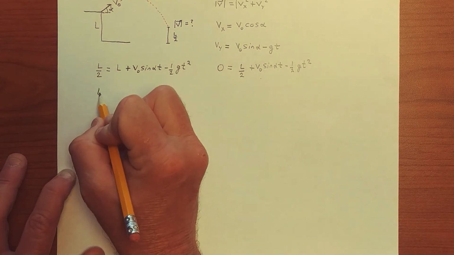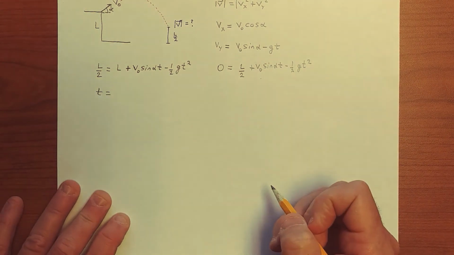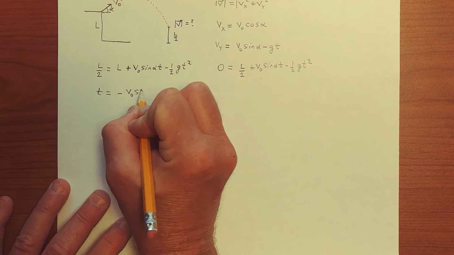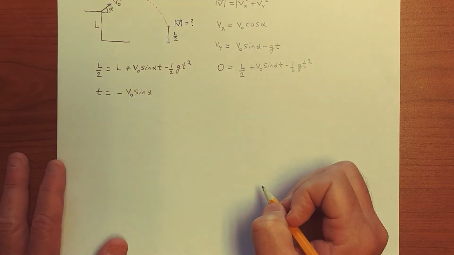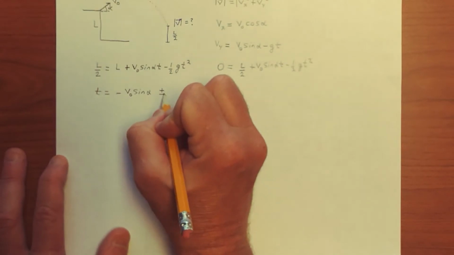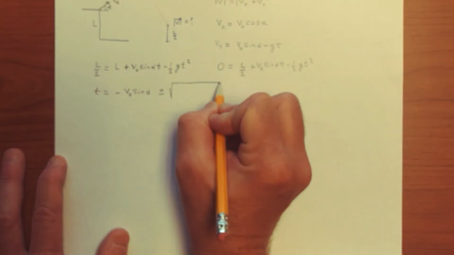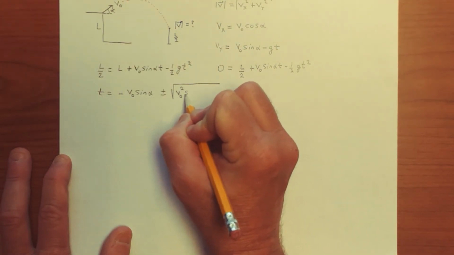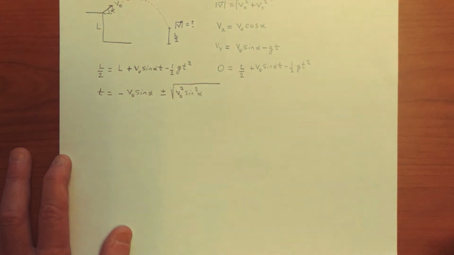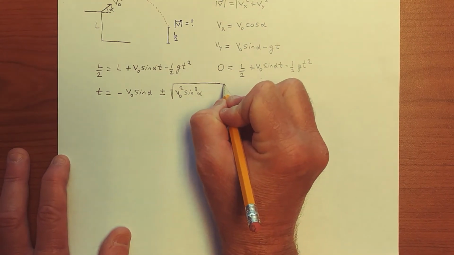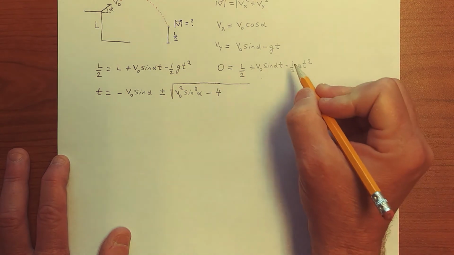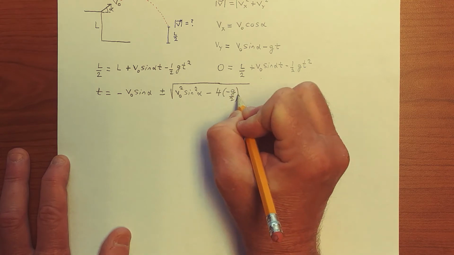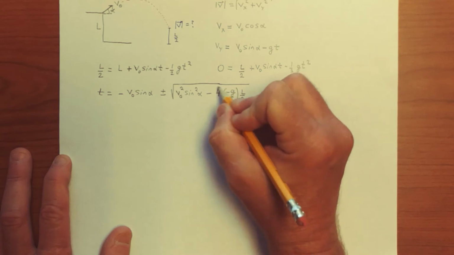And so t becomes what? t is minus b, so it's minus V naught sine alpha, plus or minus the square root of b squared, which is V naught squared sine squared alpha. b squared minus 4ac, so it's minus 4 times a, which is minus g over 2, times c, and c is L over 2, so this term becomes positive.